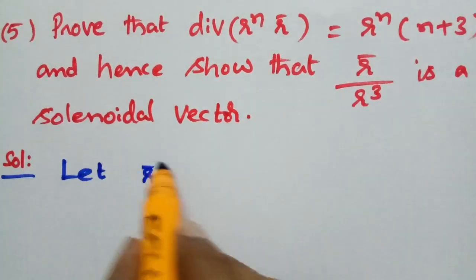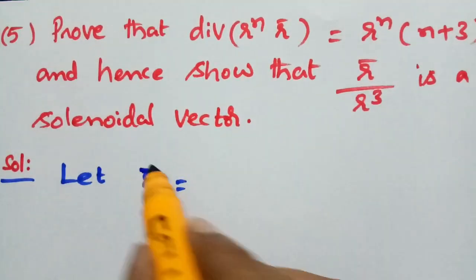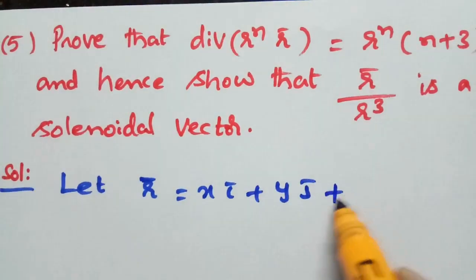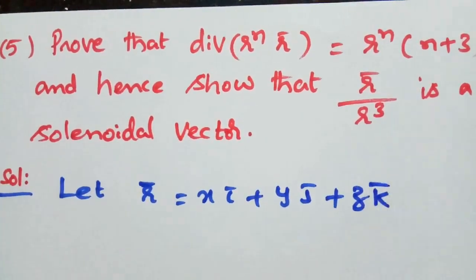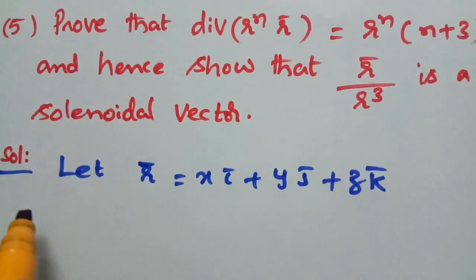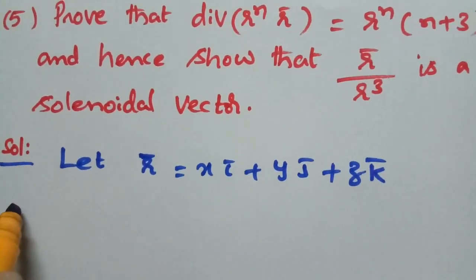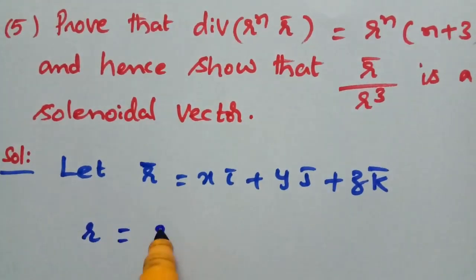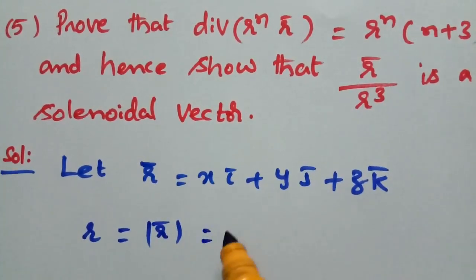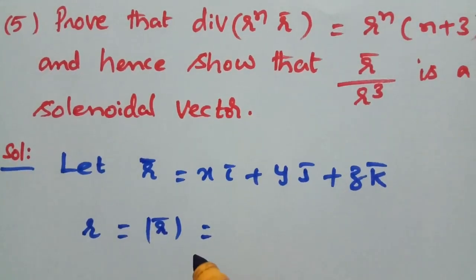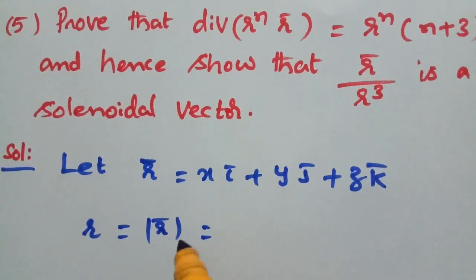Let r bar is equal to x i bar plus y j bar plus z k bar. Now modulus of r bar, that is r, as explained in the problems on gradient of a scalar point function.